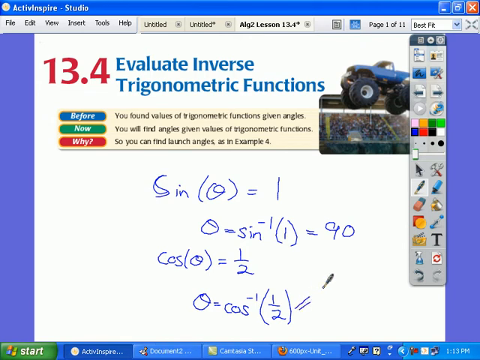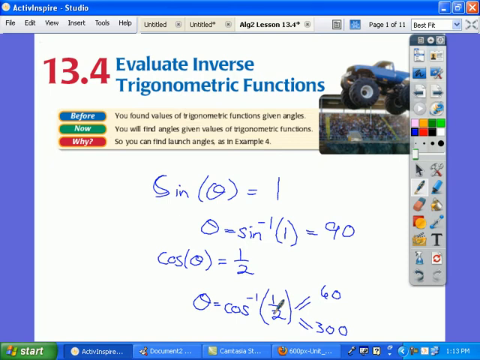But which one do we use? This is a problem, because I know that when I have one input value, I should only get one output value for it to be a function. So to make cosine inverse a function, we have to restrict the domain so that I don't get two values out.